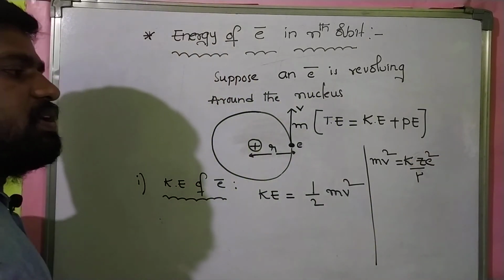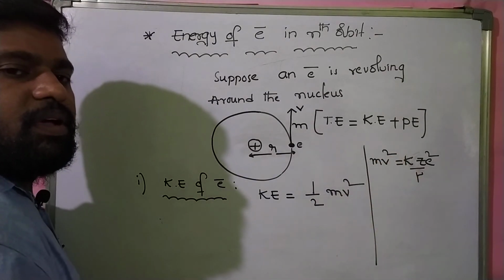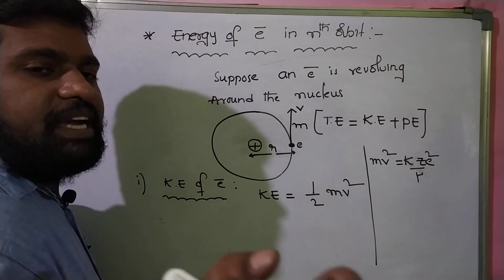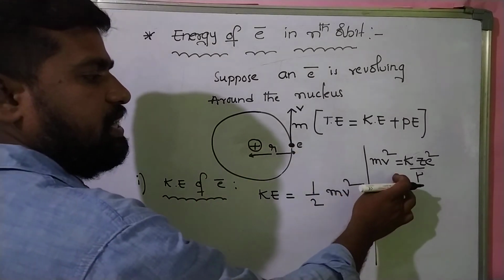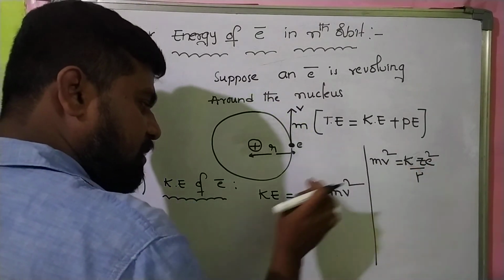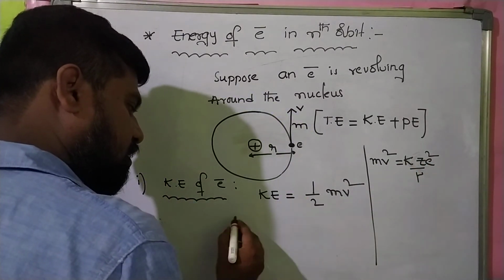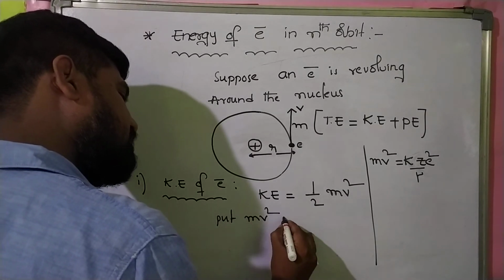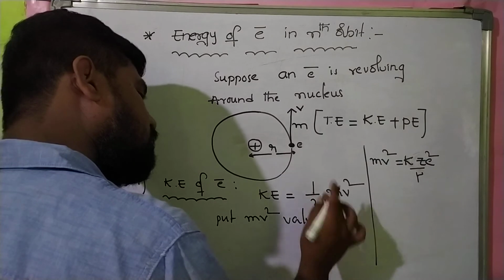According to centripetal force and centrifugal force, mv square equals k into z e square by r. Now put this mv square value in this equation.